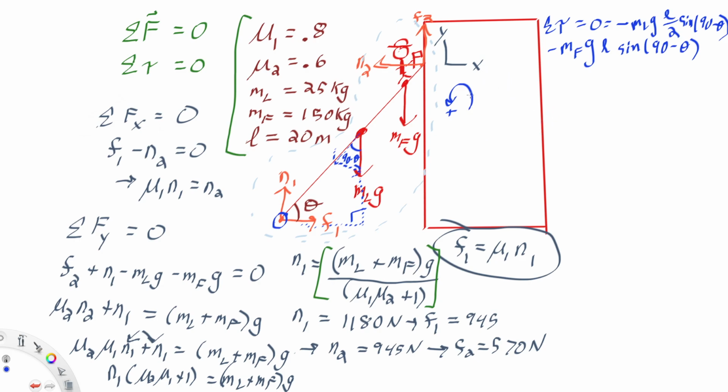Next force. Friction. Is F2 going to produce a positive torque or a negative torque? Positive. Yep, that one's going to be positive.